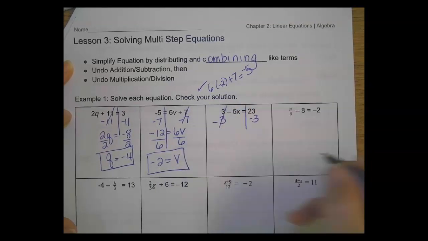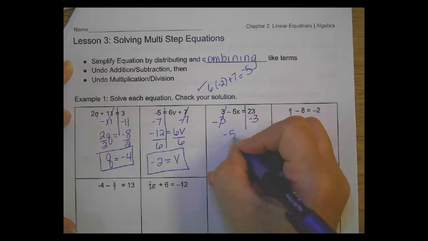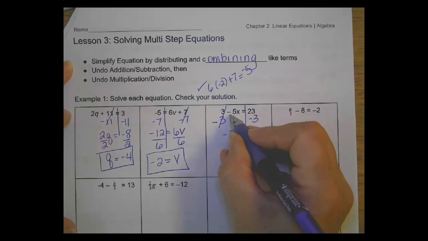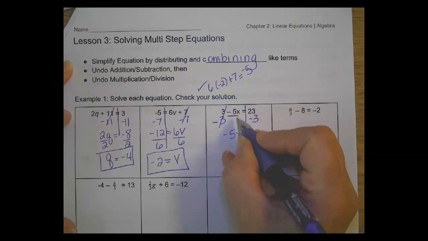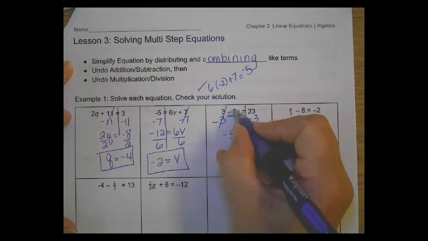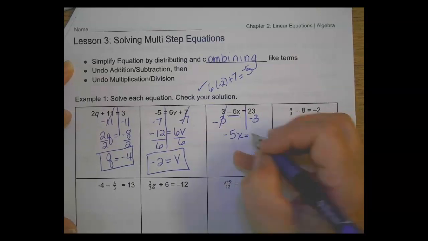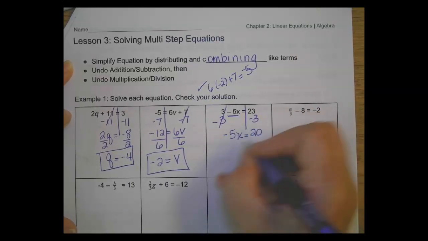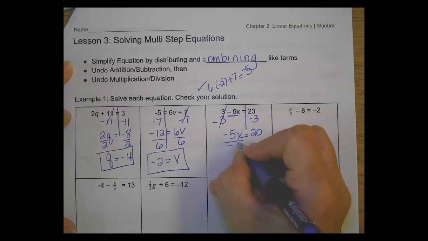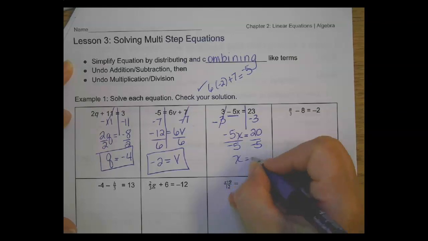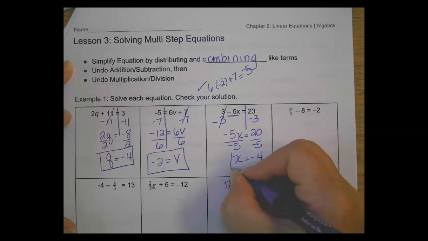When I do so, I am left with a negative 5x, and sometimes you guys will tend to dismiss that negative 5x. So when you cancel out the 3, bring down that whole term, negative 5x. So 23 take away 3 is 20. Again, this is multiplication, so to undo it, I'm going to divide. And x is equal to negative 4.